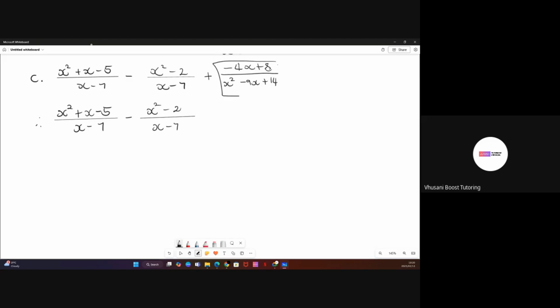But this part is the problem. And that would most likely be the part where we have to do something, right? So I can see with the negative 4x plus 8, I can take out a common factor of 4.